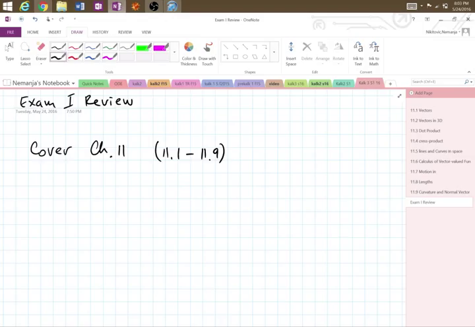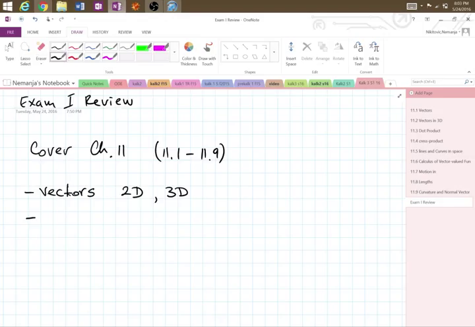The concepts are vectors, 2D and 3D, along with their properties and computations. So to add, subtract vectors, multiply by a scalar, find the direction, find the magnitude. So all of the important things.